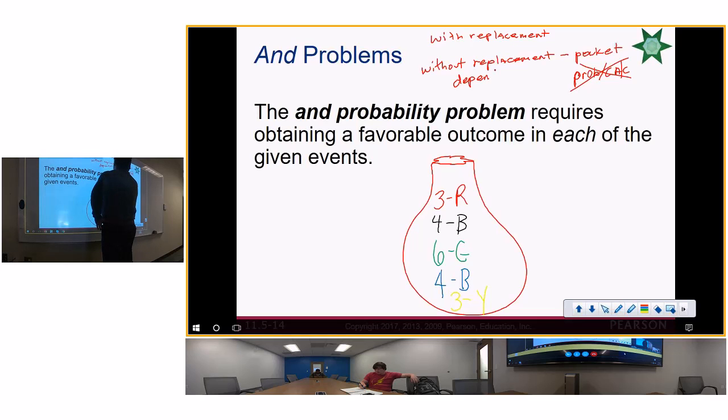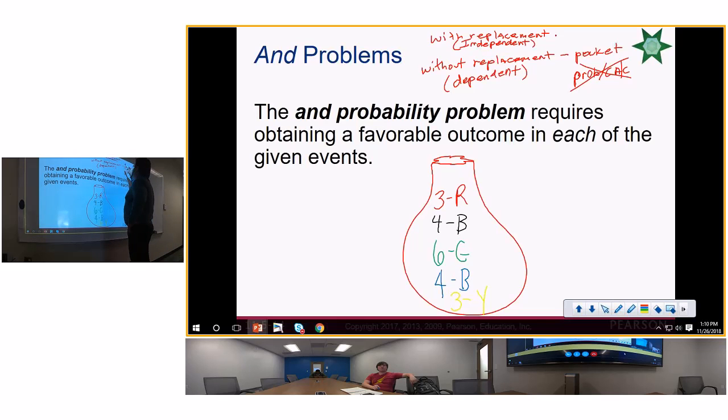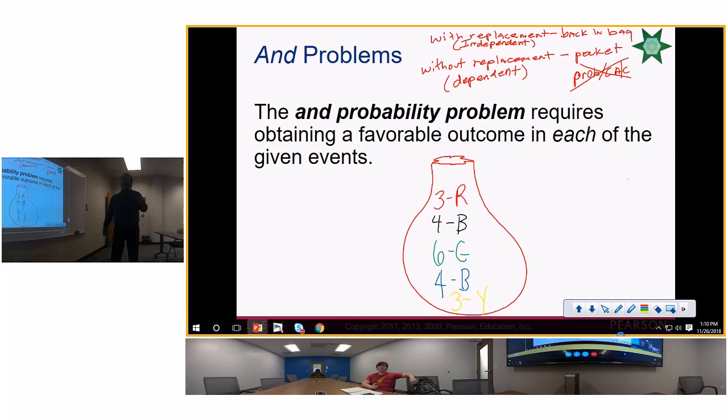If it does not affect the probability, it's called what? Independent. And that's put it back in the what? Put it back in the bag. And that's the difference between the two types of problems with the multiplicative law.